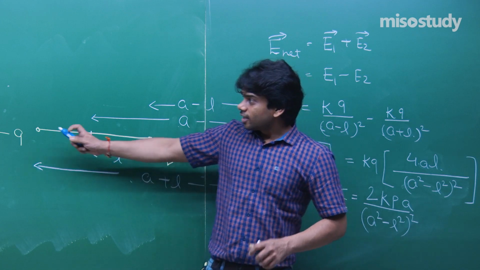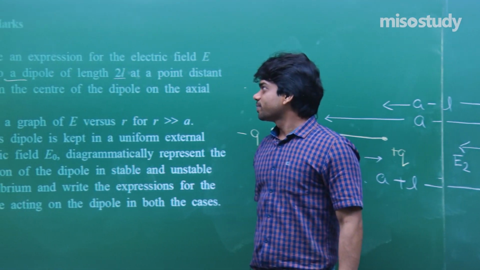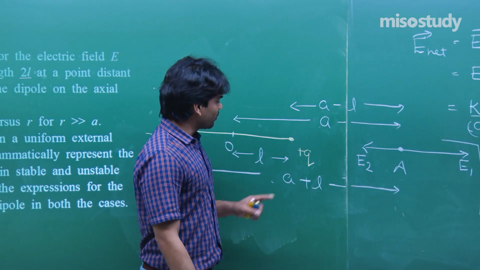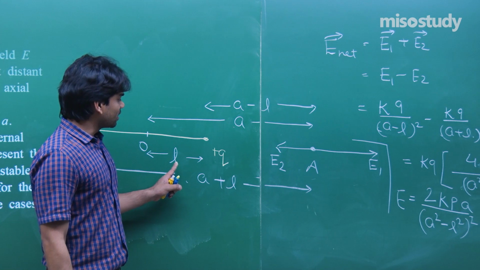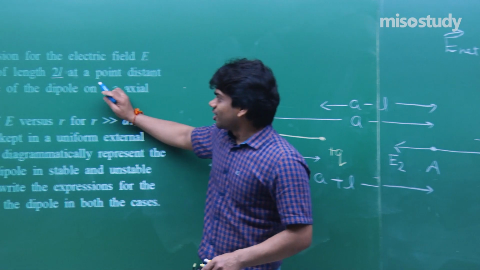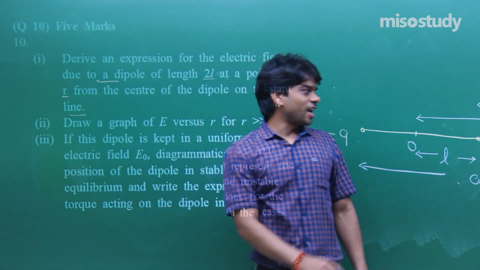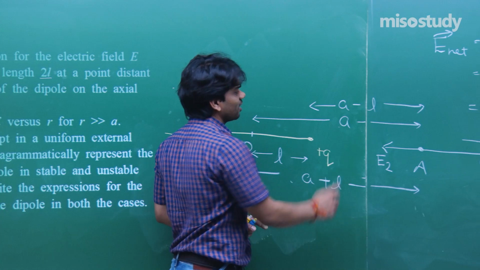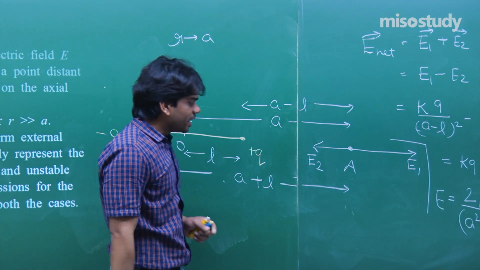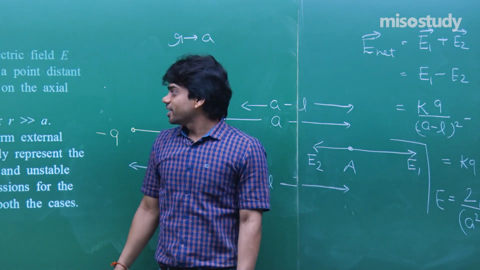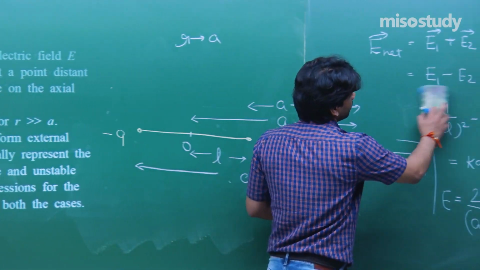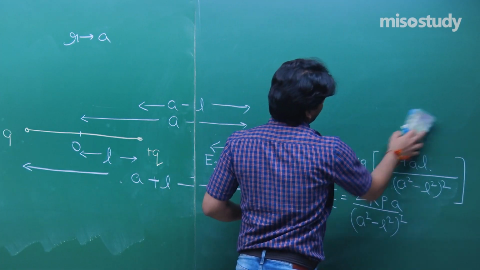Now when R is far greater than A, again it's R and I have mentioned it as L. I am not going to rub, you have to just switch here that whenever this length is given as R, not A, it's R. Instead of R I have used A. Now when R is far greater than A, you have to see that the distance is far greater.